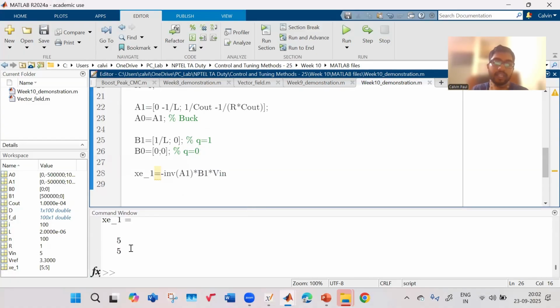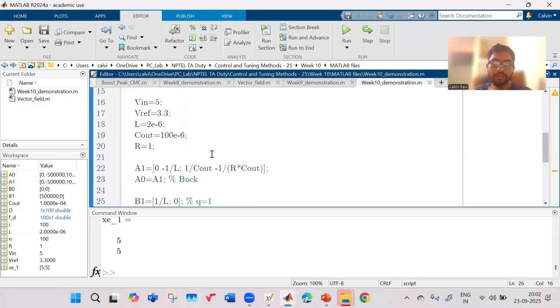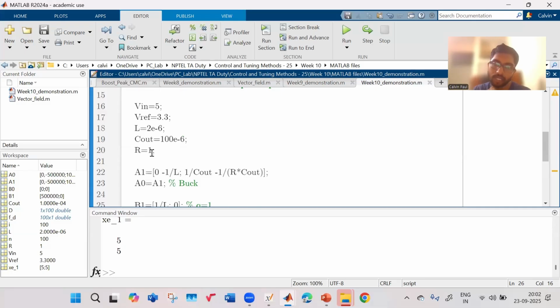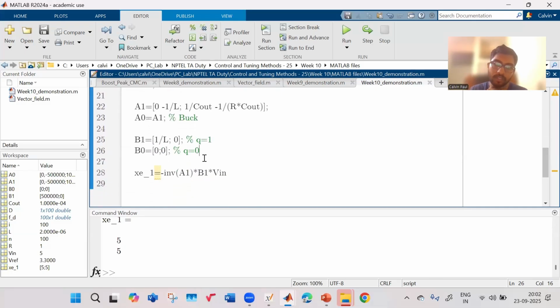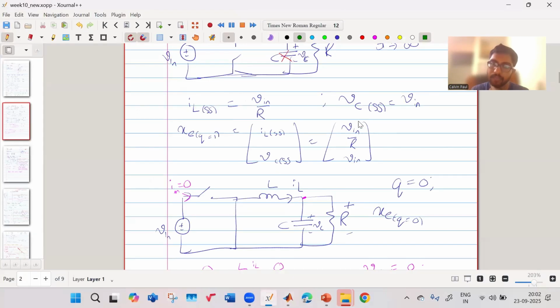So that comes equal to 5 and 5. Because your V in is 5 volt, load resistance is 1 ohm. That is why, as you had told, it would settle at 5 and 5 by 1, that is 5. This is your XE equilibrium point.